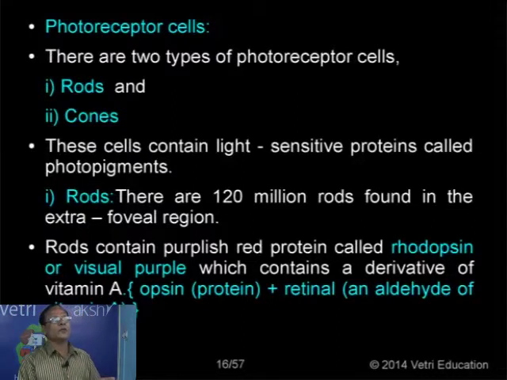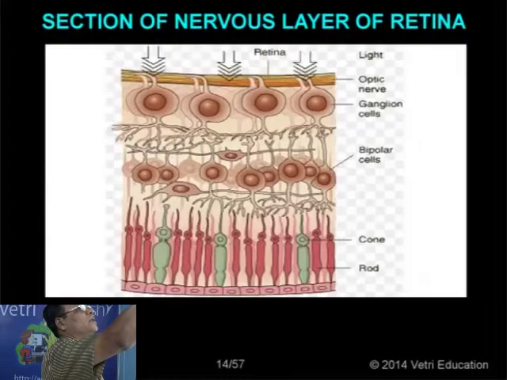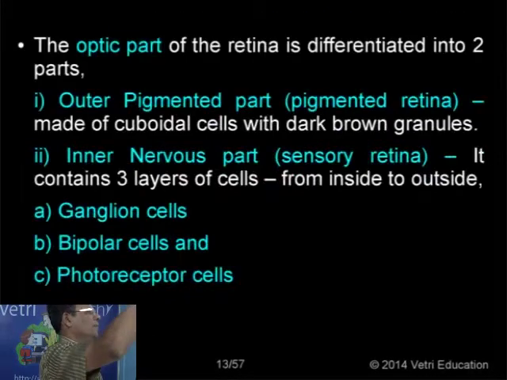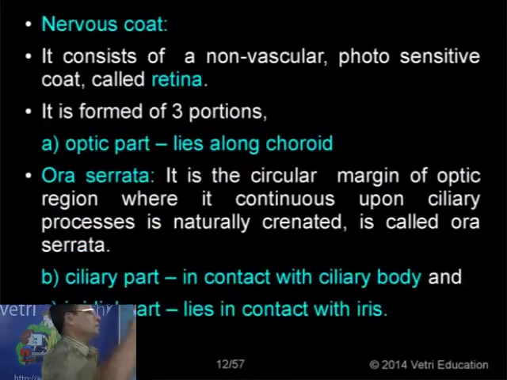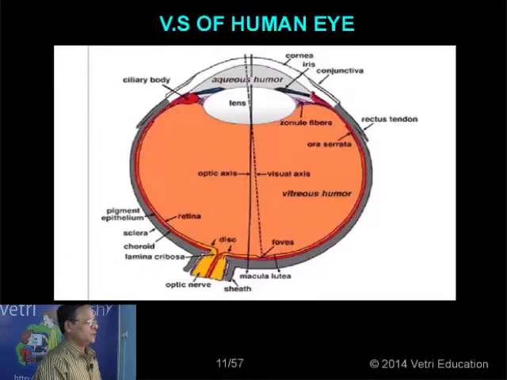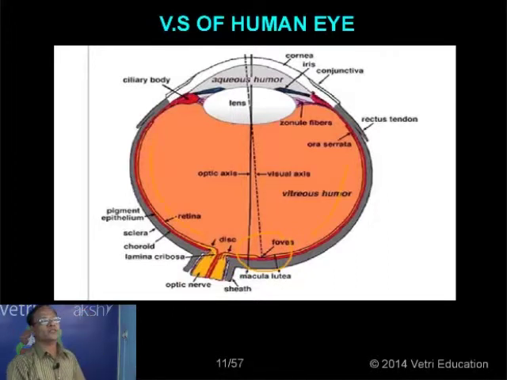Other than the fovea, the remaining part of the retina is together called the extrafoveal region. So these are present in the extrafoveal region, about 120 million. Now this part, actually, is what is called the fovea region, and all the regions other than the fovea are called the extrafoveal region.